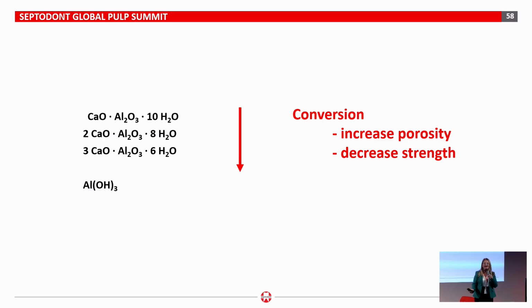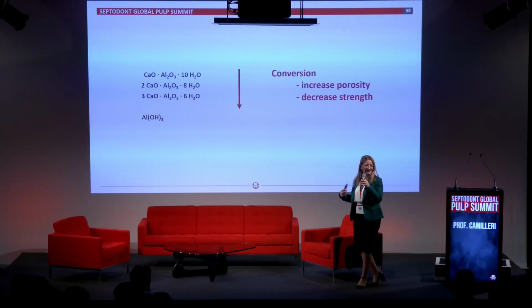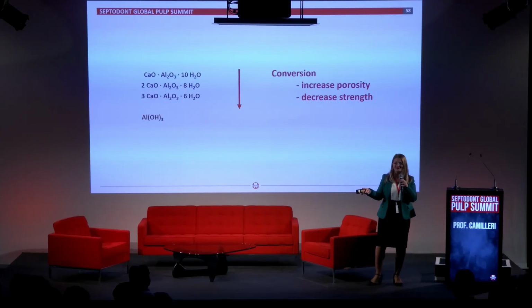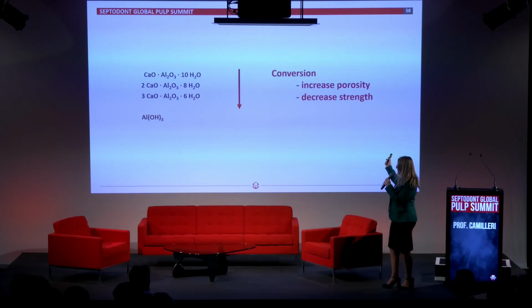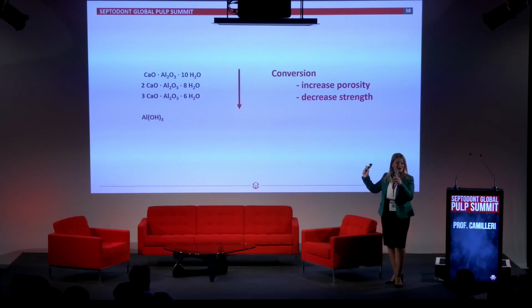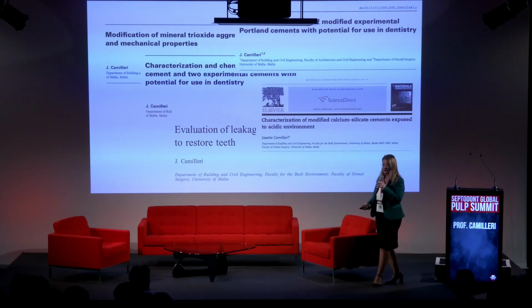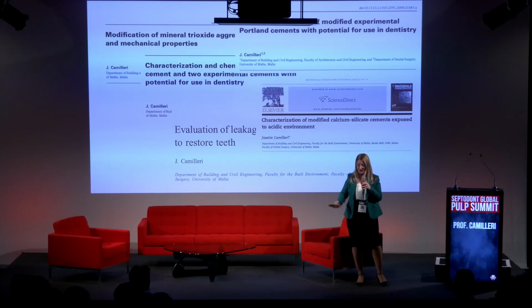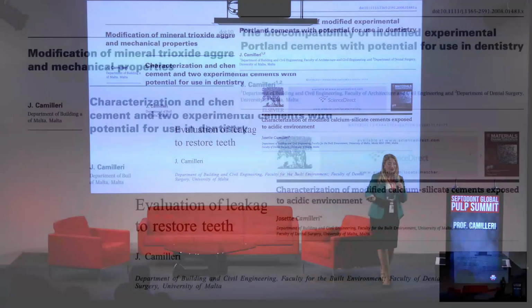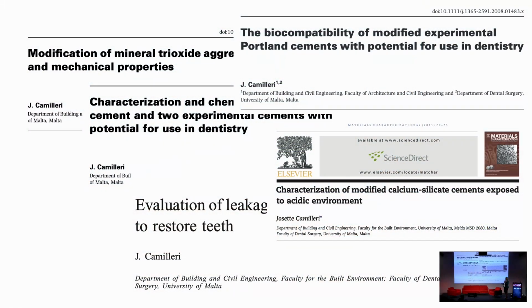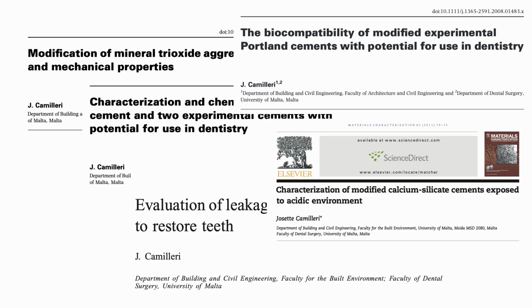Has anybody ever tested aluminum hydroxide to see if it works, if the cells grow, if it is antimicrobial? I haven't. Anybody? No hands up? But most of the materials that are badged as bioceramic are those. And I've proved it many, many years ago. That is part of my PhD, where actually they do not work. They're not biocompatible, and most of the calcium hydroxide is not even present there.